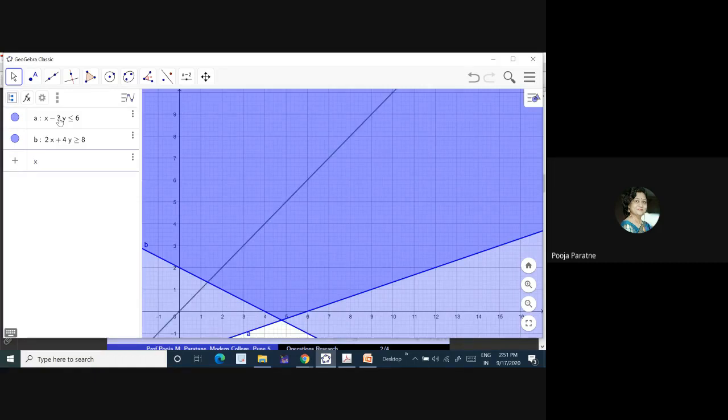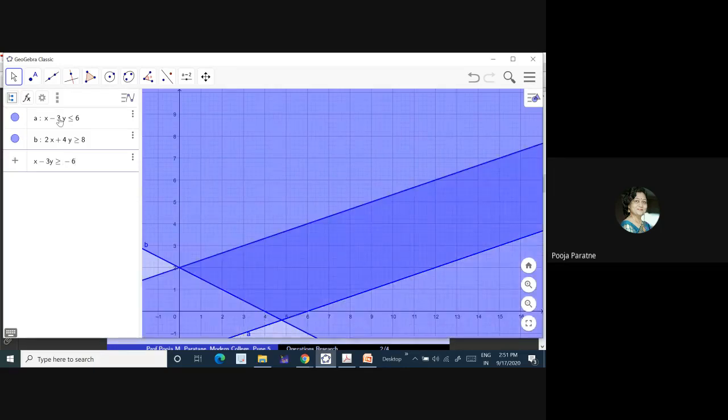The next constraint is x minus 3y is greater than or equal to minus 6. And obviously, if you observe, we will have to consider it due to the positivity constraint. It is from the first quadrant.